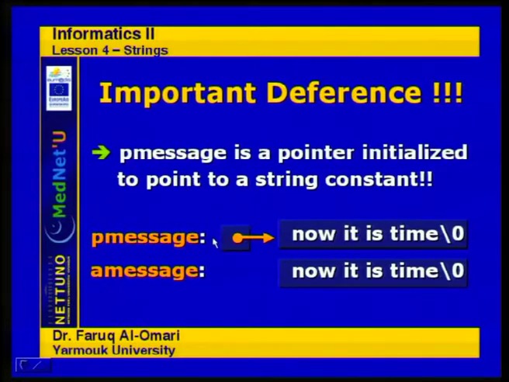So p_message is some sort of a pointer, a 4-byte unit which contains the address of the first entry in the character set, terminated, of course, with a null character always. a_message, on the other hand, is in a sense an address that points to the first entry in this block, which is now it's time, terminated by the null character again.